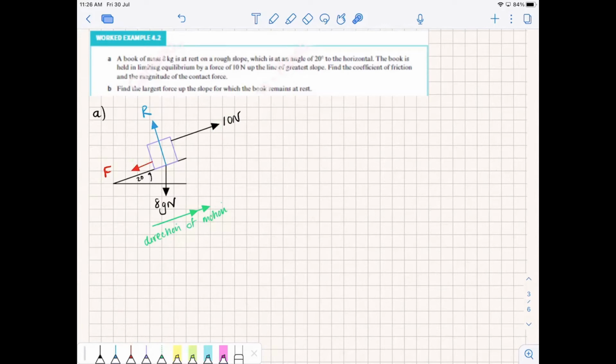Friction acts perpendicular to the normal contact force, so it's not going to have an effect. But this 8g newtons here is not acting parallel or perpendicular. So we're going to split that force up into its two different components. I'm going to split it off to the side here. You would do this on your actual diagram, but just because we don't want to make too much of a mess here.